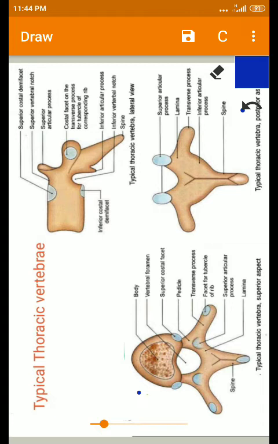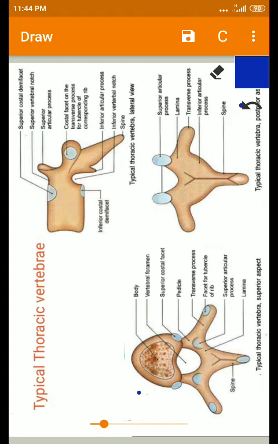There are 12 thoracic vertebrae which lie in the thoracic region of the body. Their size increases gradually from above downwards. And how can you identify the thoracic vertebrae from other vertebrae? Thoracic vertebrae are identified by the presence of costal facets on the sides of the vertebral body.